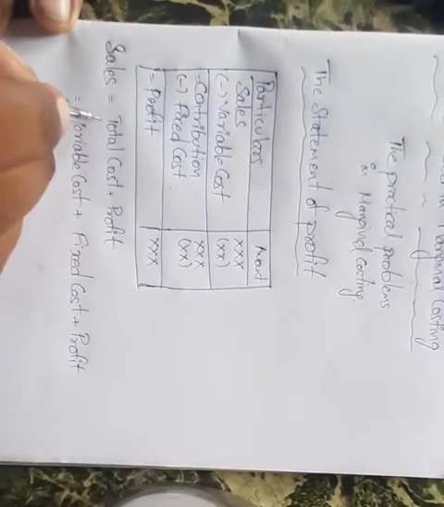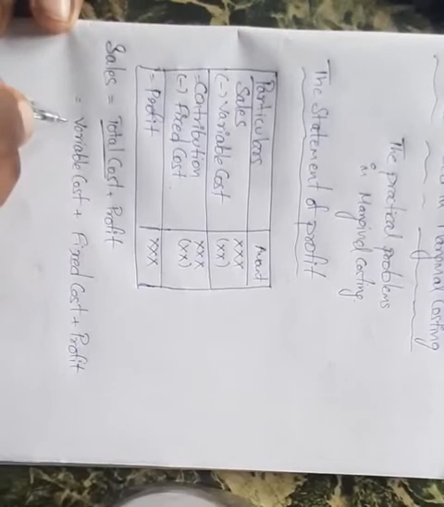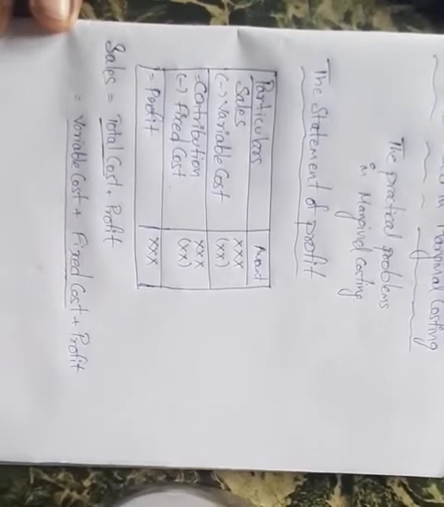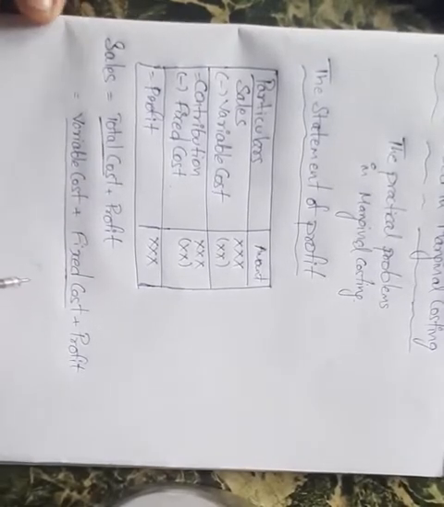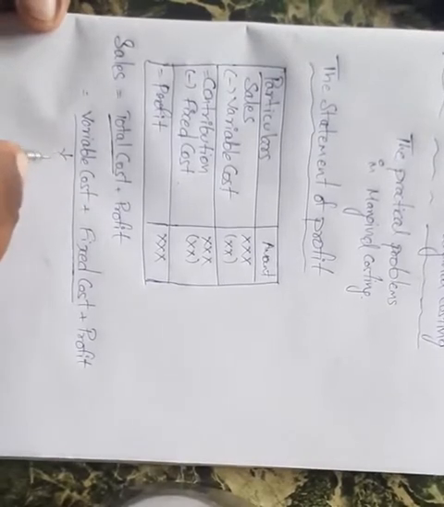You now understood that total cost is equal to variable cost plus fixed cost. What is variable cost?